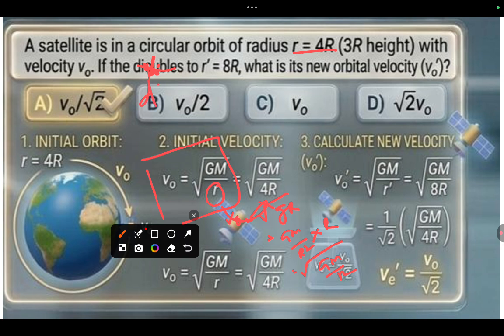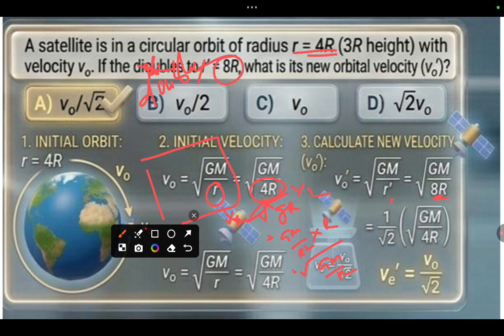sorry, it doubles to R dash. Initially it is 4R, now double means 8R only, so root of GM by R dash, initially it is 4, now double means 8, so root of GM by 8R.